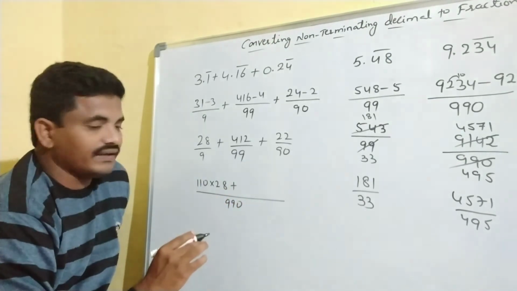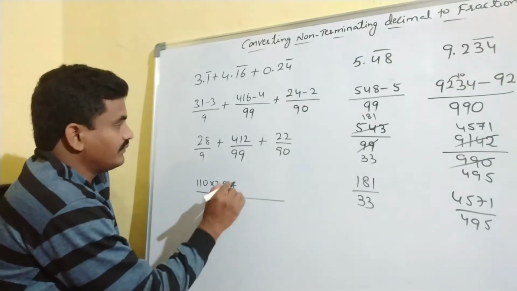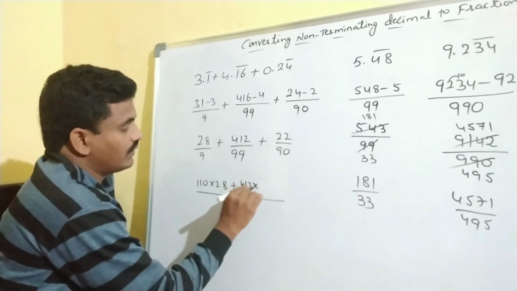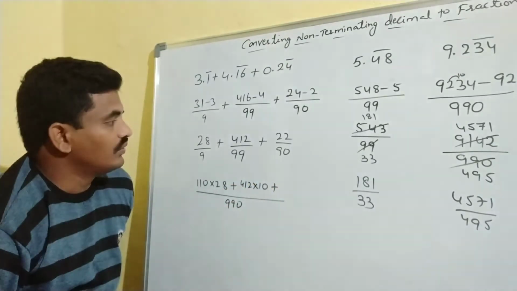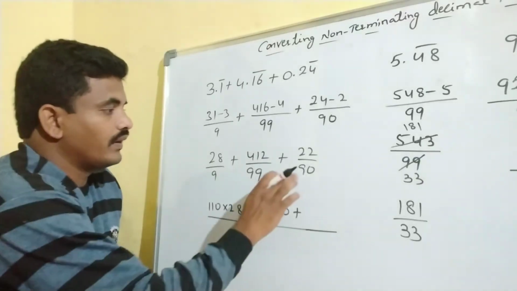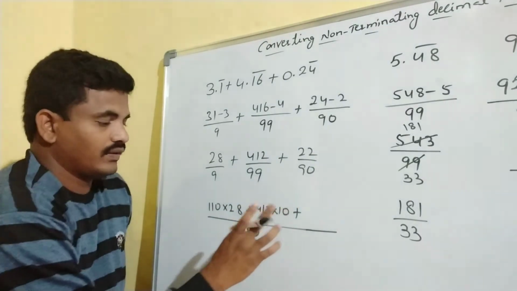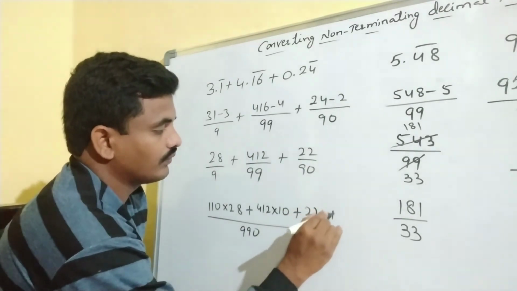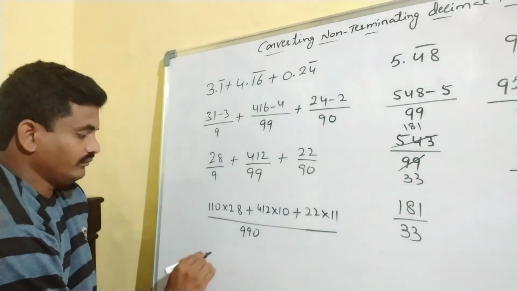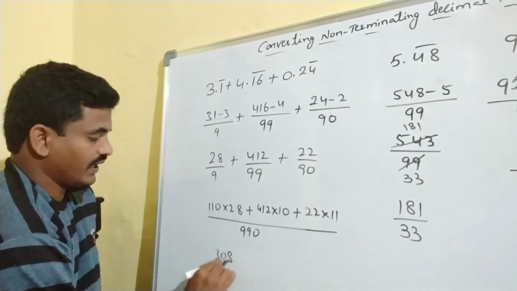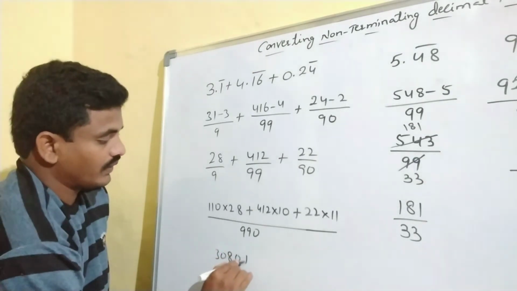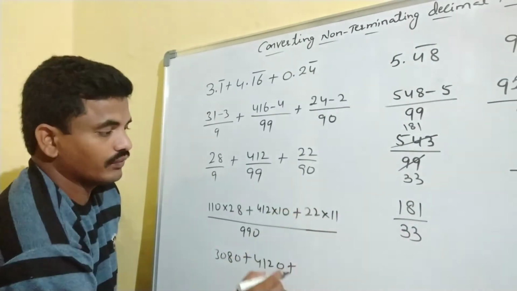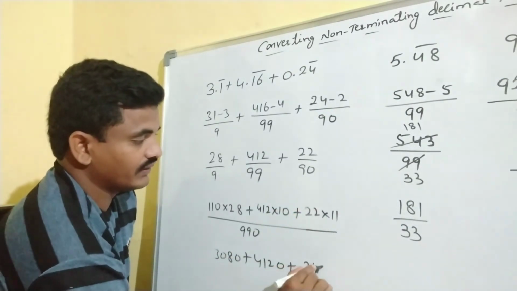In 99 it goes 10 times, so 412 into 10. In 990 it goes once, so 242. So it becomes 3080 plus 4120 plus 242.